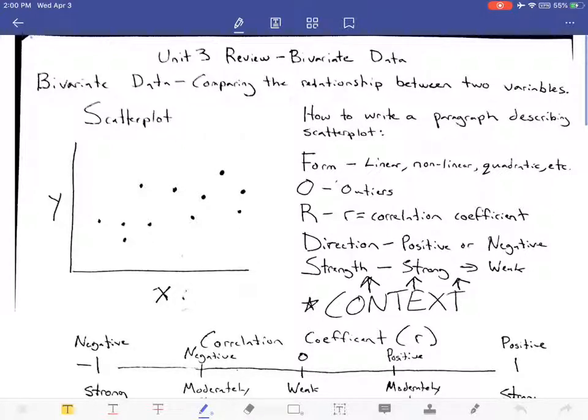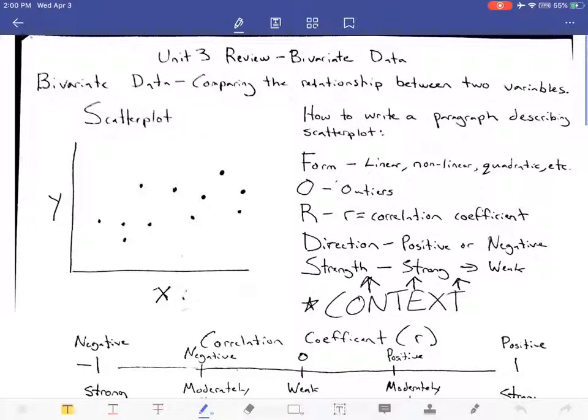If the points are really close together, then it's probably going to be a strong relationship. If it looks close to a very straight line, it's going to be a strong relationship. If the points look more scattered randomly, it's going to be weaker.